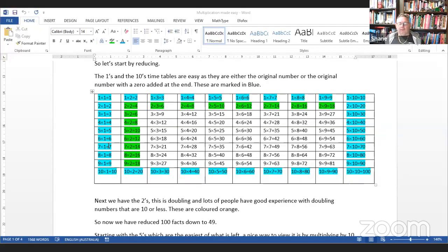Now, I'd like to jump to the 9 times tables because there's a way that we can deal with 9 times. And I have one way. Many people use their fingers, and I'm going to show you how to use your fingers to multiply by 9. And this is a great thing to do.